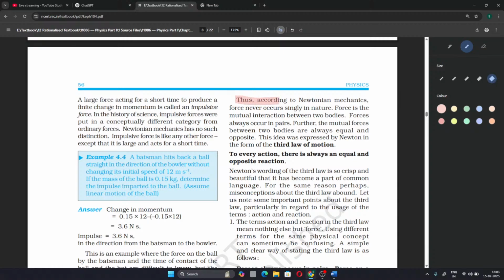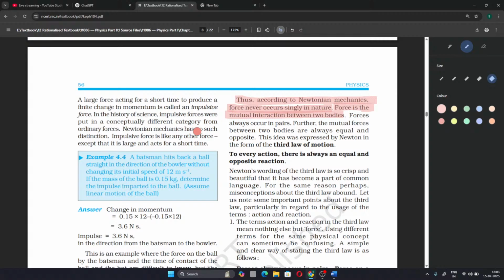Thus, according to Newtonian mechanics, force never occurs singly in nature. Basically, a force is never single, it will always be in pairs, acting towards each other. Force is the mutual interaction between two bodies. Force is a mutual interaction, a point to be remembered here. According to Newtonian mechanics, force never occurs due to a single body.